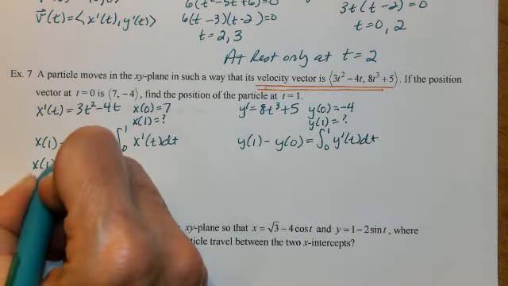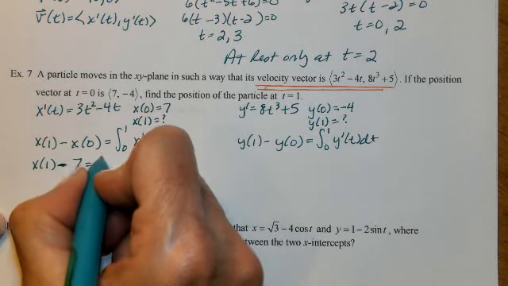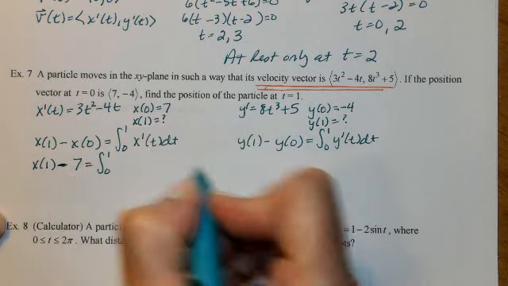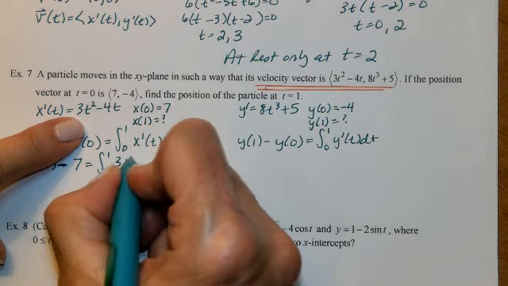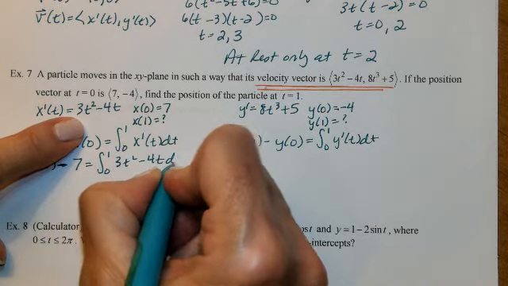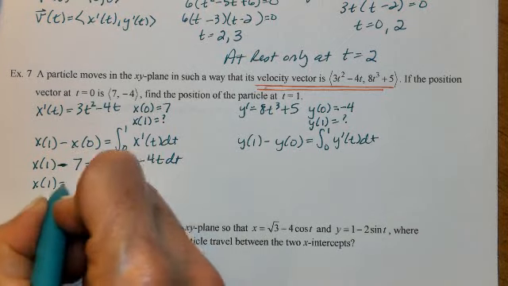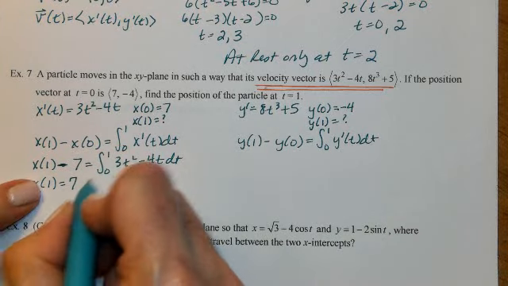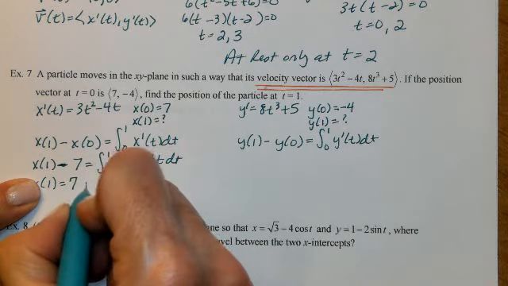So x at 1 minus x at 0 is 7 is equal to the integral from 0 to 1 of 3t squared minus 4t dt, right? So this is not a bad little integral. I'm going to go ahead and move my 7 over. Sometimes I wait, sometimes I bring it over now.